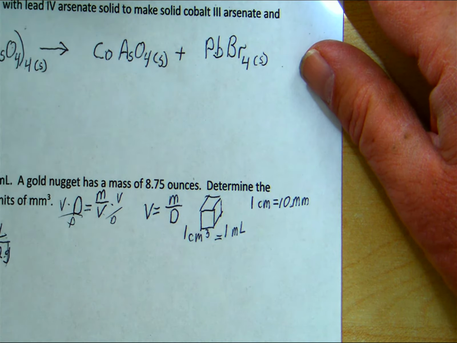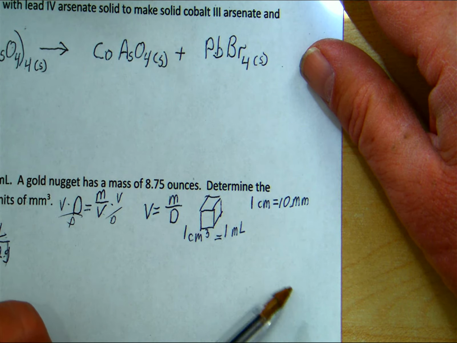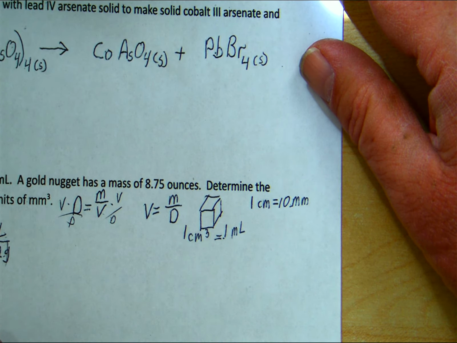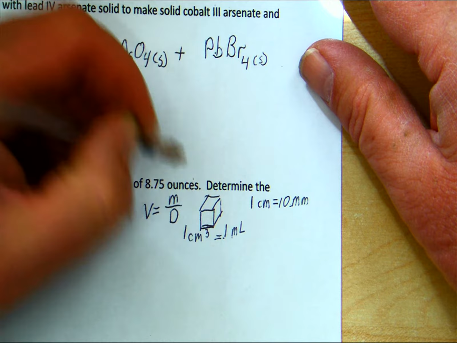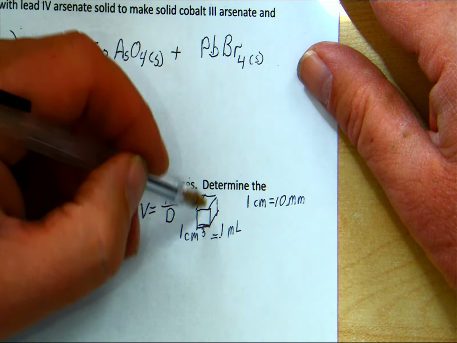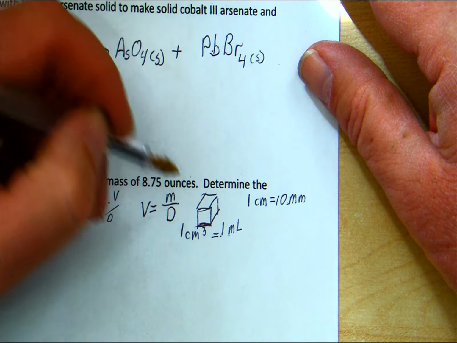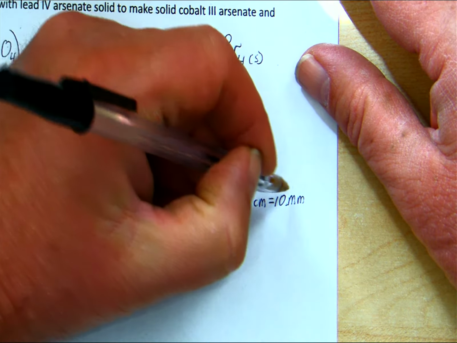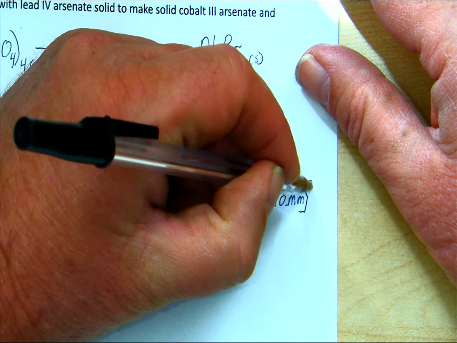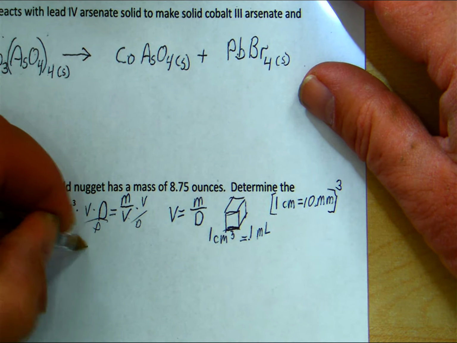You might accidentally think, therefore, that 10 cubic millimeters is 1 milliliter. But that only takes care of one of the three dimensions. You have to multiply the length times the width times the height. And so that means you have to take this conversion and cube it to get the proper conversion factor.